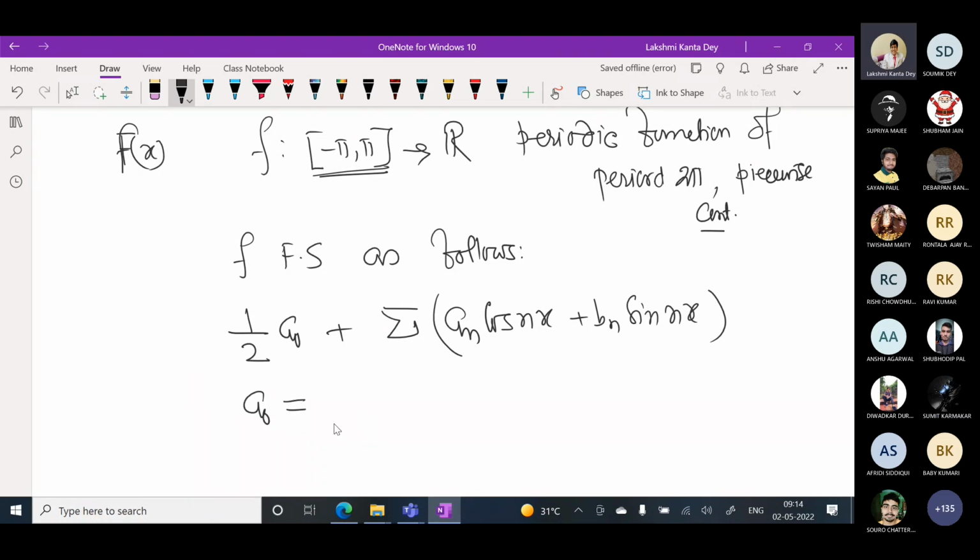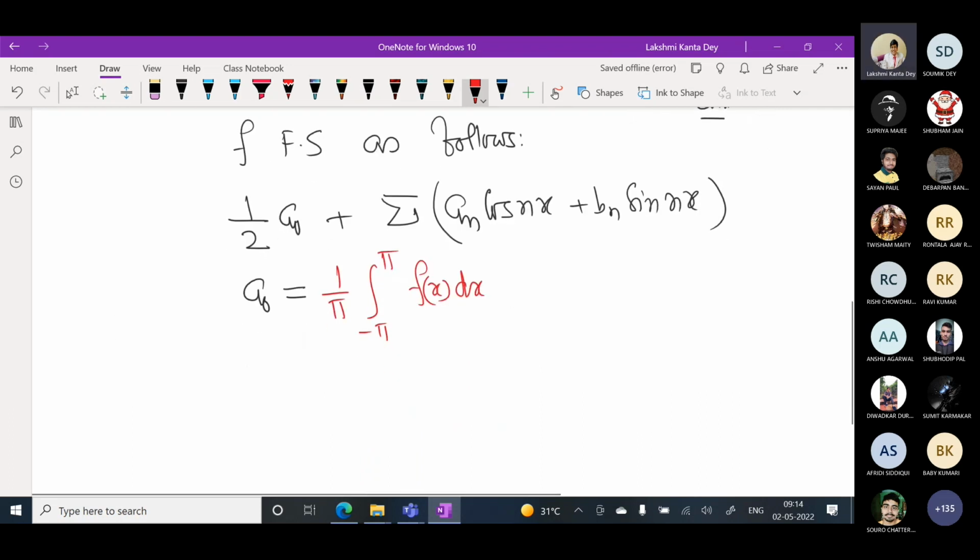By means of Fourier integral. This is nothing but 1 by pi integration from minus pi to pi of fx dx, and an is equal to 1 by pi integration from minus pi to pi of fx cos nx dx.